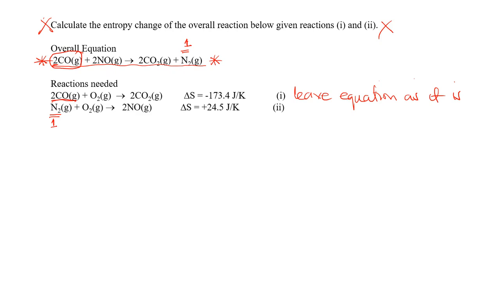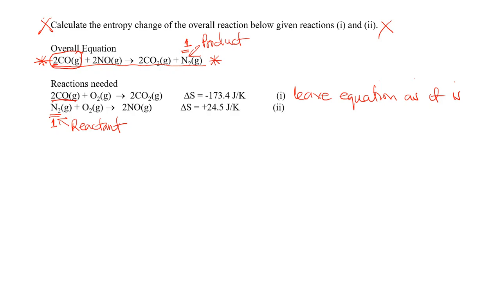Another question is, what is nitrogen in the overall chemical equation? We see that in the overall chemical equation, nitrogen is a product. Here, nitrogen is a reactant, and we don't want that to happen.